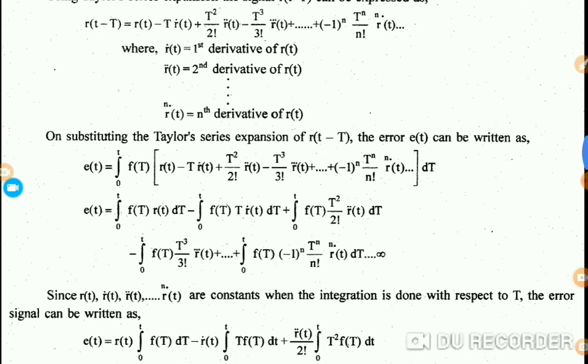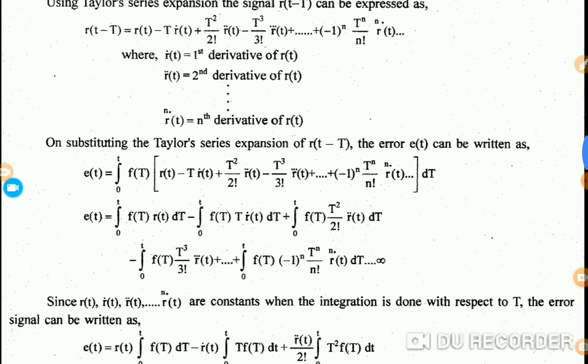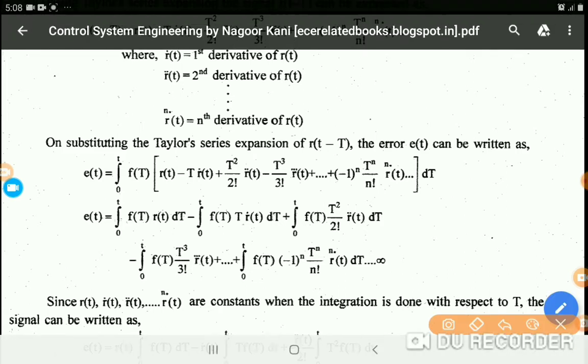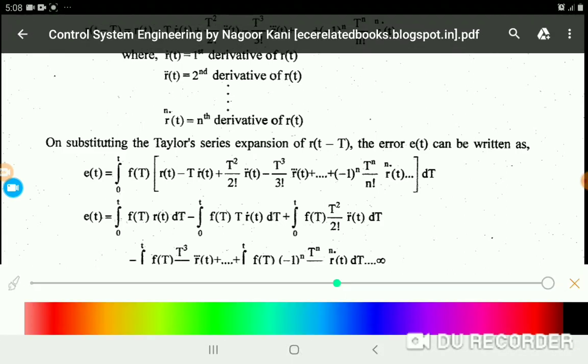If we substitute the same thing for e of t, what will happen? Our input becomes e of t.